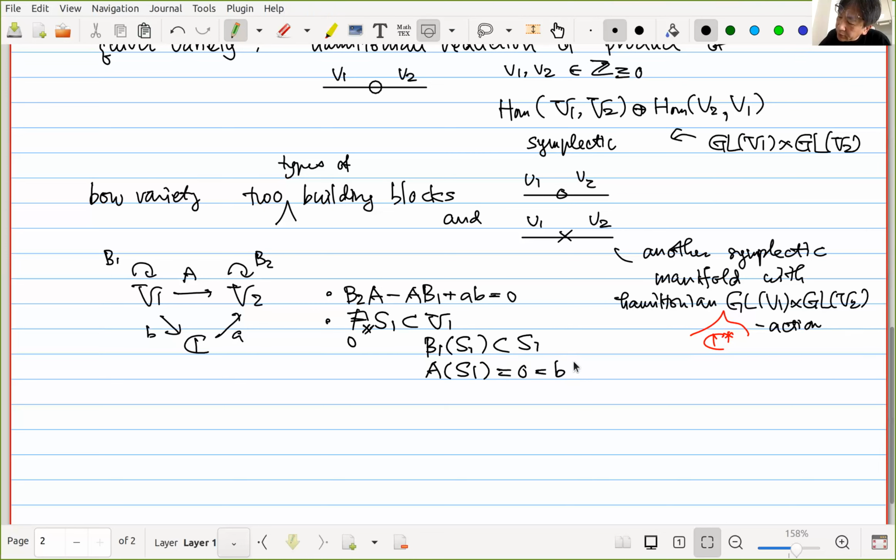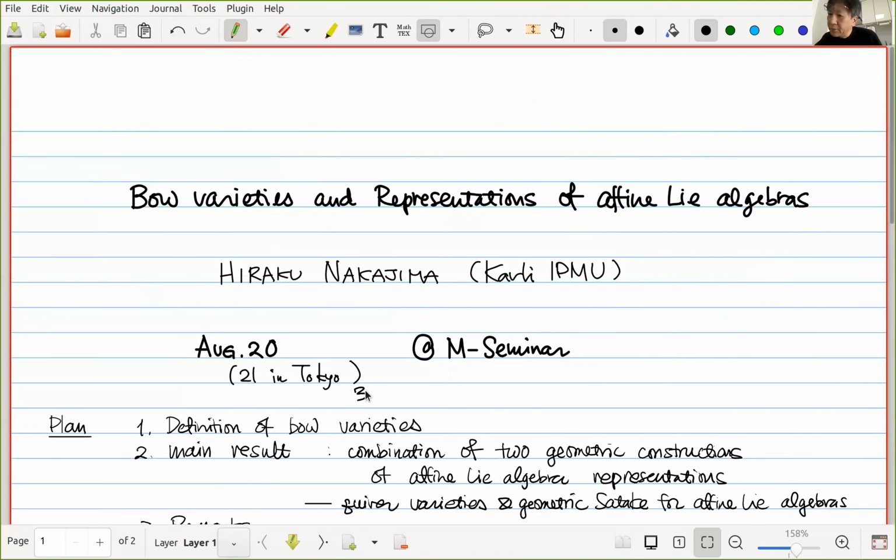So we assume there is no such subspace. And also there is a similar condition: no proper subspace in V2 which is invariant.